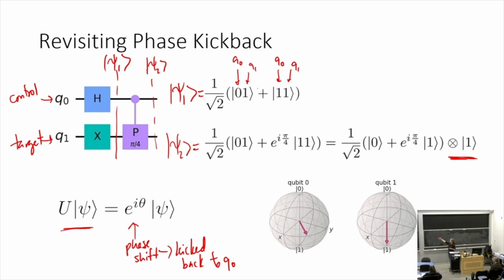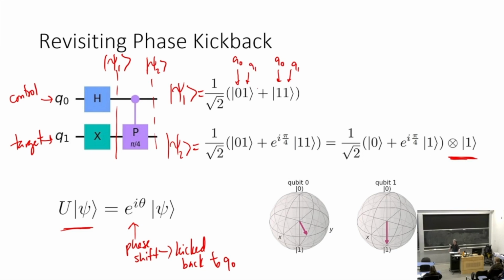You can put this quantum state into Qiskit and it will give you these kinds of diagrams. Our control qubit, Q0, has a phase rotation. We went through the Hadamard gate, which puts it on the XY plane, and then it shifts it in phase away from X. But our target qubit, Q1, is just in the 1 state without any rotation.